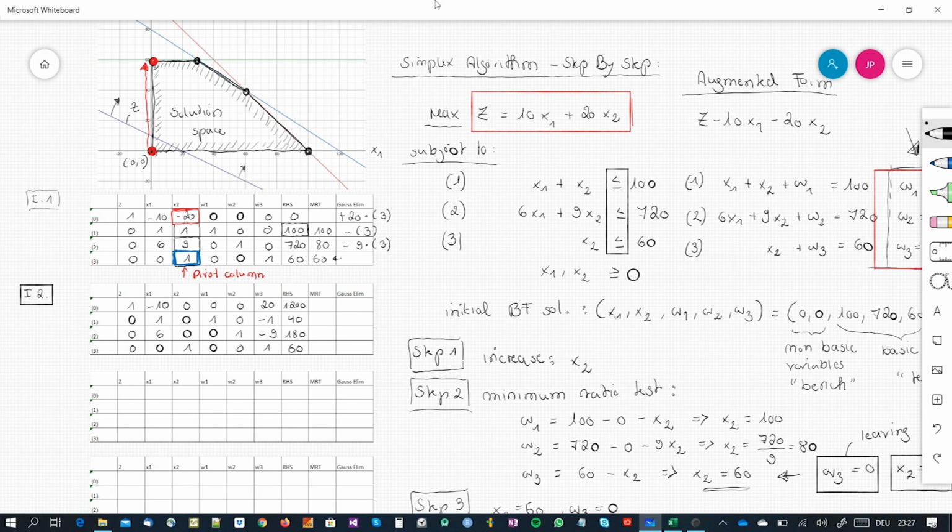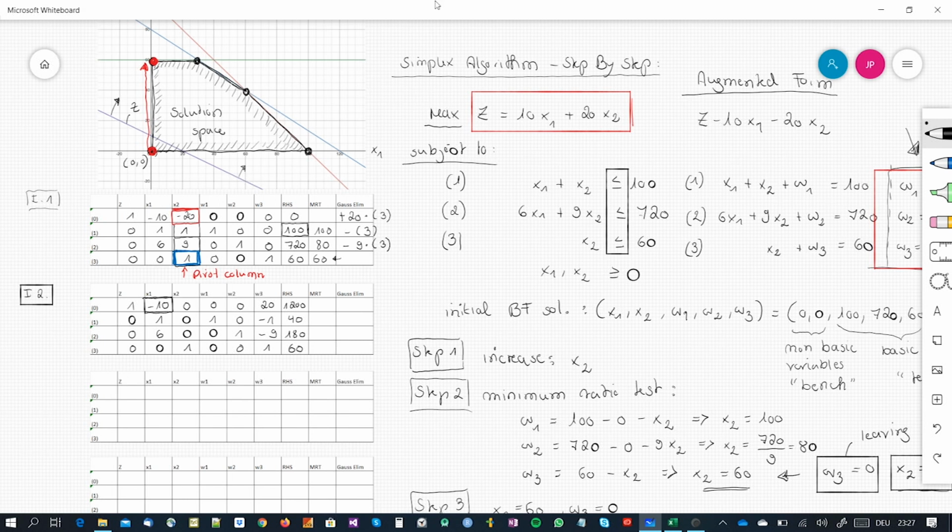If we look in our column for the element x1, then we see that it has a negative coefficient, and that means that we can still increase for that element to improve the objective function.